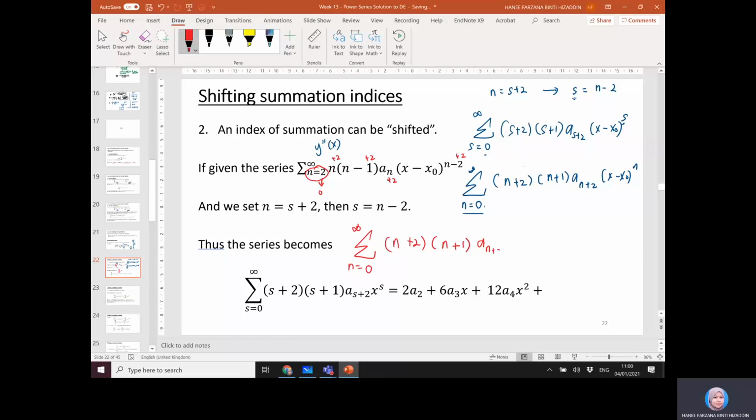A sub n plus 2, x minus x naught to the n minus 2 plus 2 is just n. So now when you expand this series, then you will get this.